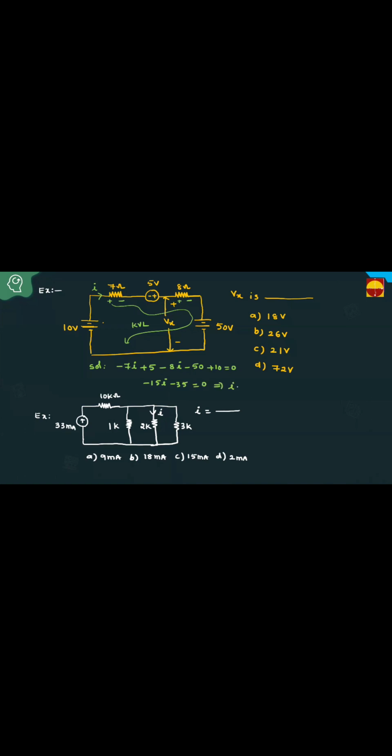Then what is I equal to? 15 I equal to... From this you calculate I. Minus 7i, that is plus 5, minus 8i, positive to negative, that is minus 50 plus 10.